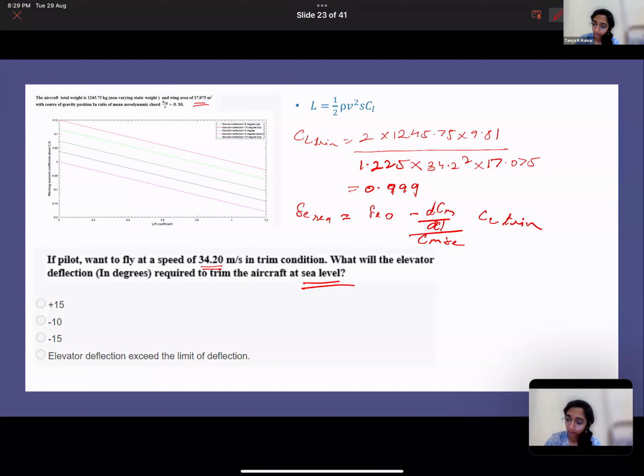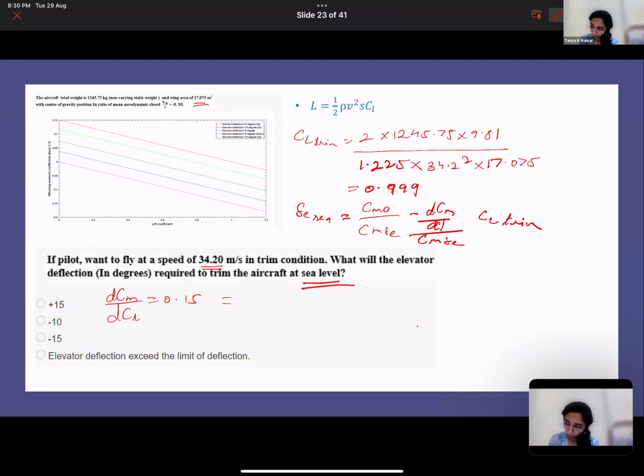That was CM naught by CM delta E. Now we do not have CM delta E in all of these. So what do you do? You have the lines given to you. You know that your dCM by dCL is 0.15, right? So you take those two points. You need to find your intercept. What changes for elevator deflection is the intercept.